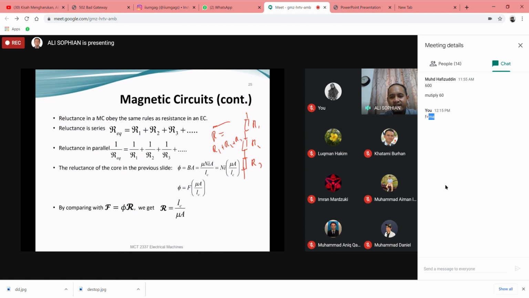And if you've got parallel, then you've got this relation: 1 over R1 plus 1 over R2, and so on. Nicely, this can be applied to magnetic resistance as well. The total reluctance, if the reluctances are in series, is just the sum of them, and for parallel, it's again a similar relation. Later on, we can use these relationships in doing the analysis for magnetic circuits.